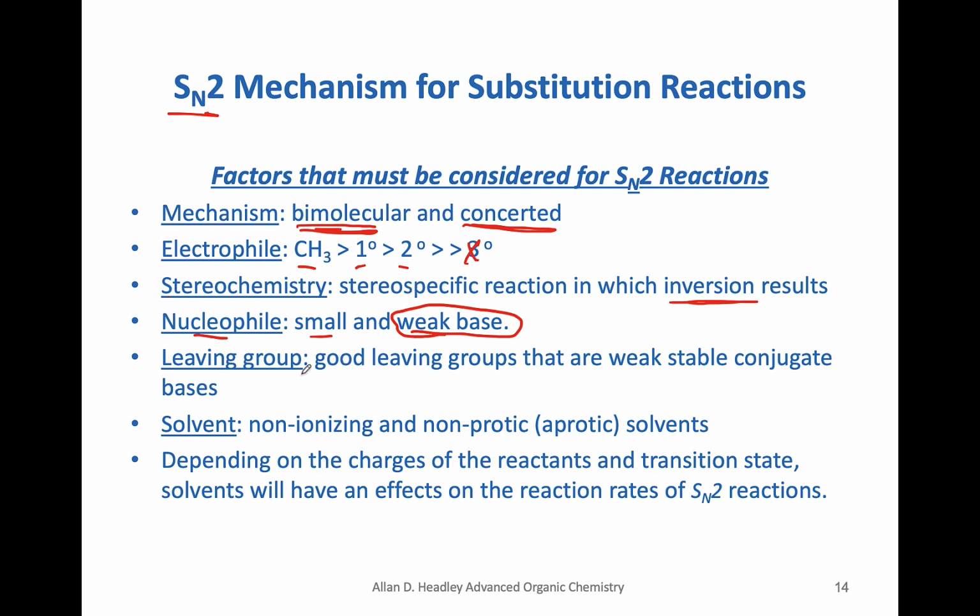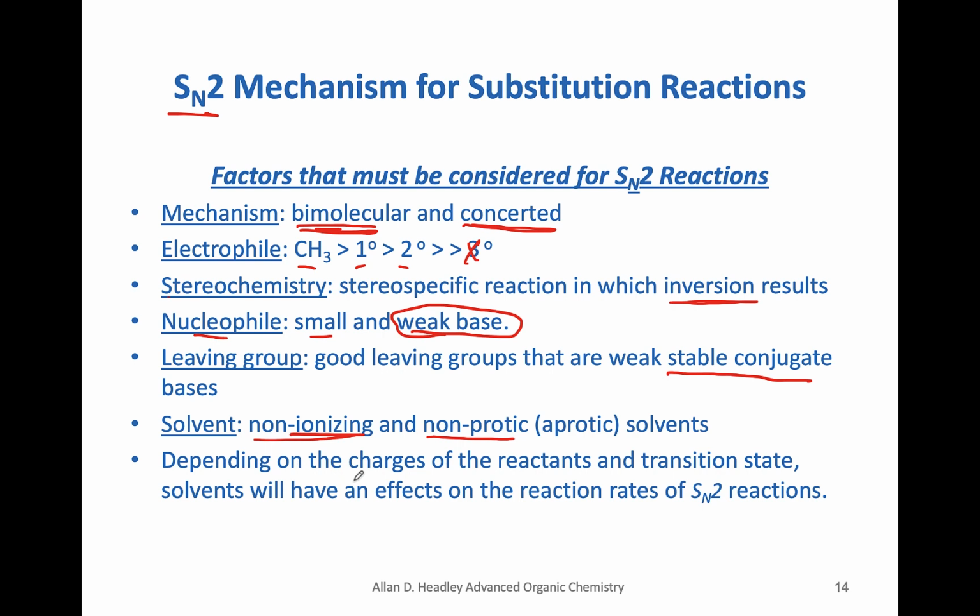The leaving group has to be good, and we can tell good leaving groups because they are weak conjugate bases. So don't forget here, a weak conjugate base is one that's pretty stable. The solvent has to be fairly non-ionizing and non-protic. So in other words, there cannot be a hydrogen that's bonded to an electronegative atom such as oxygen or nitrogen.